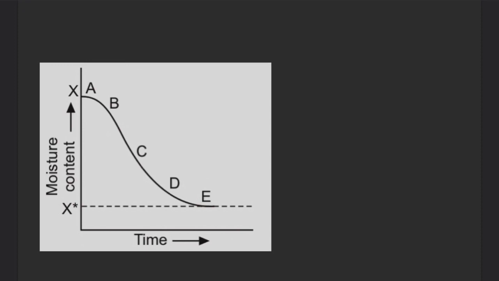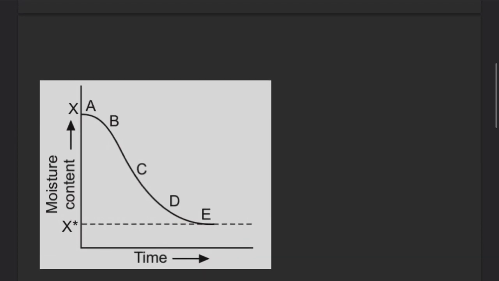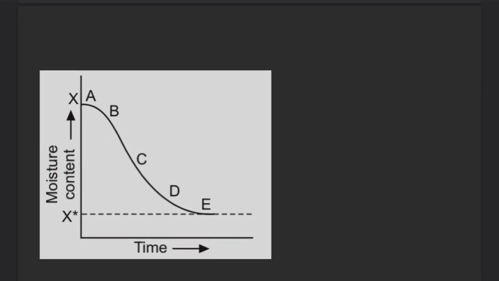It's not that air will have zero relative humidity. That's not possible. So this curve will stay somewhere above the zero level. It can never touch this x-axis. So this is the graph of moisture content versus time.